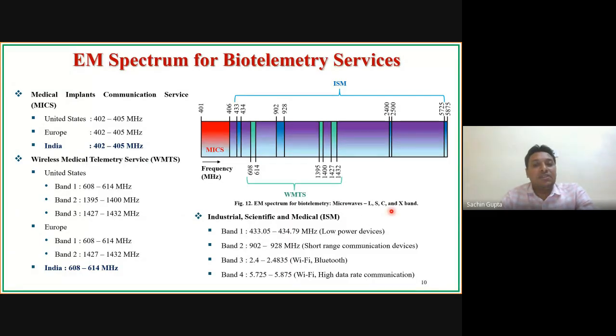This is the Industrial, Scientific and Medical band, ISM band, and it is further classified as band 1, band 2, band 3, and band 4. Basically, band 1 is used for low power devices, band 2 is used for short range communication, band 3 is the popularly used band, which is used for Wi-Fi and Bluetooth, and band 4 is also used for Wi-Fi and high data rate communication.